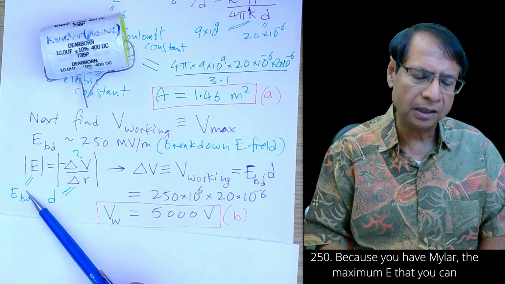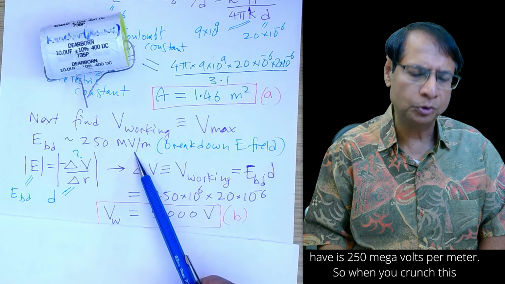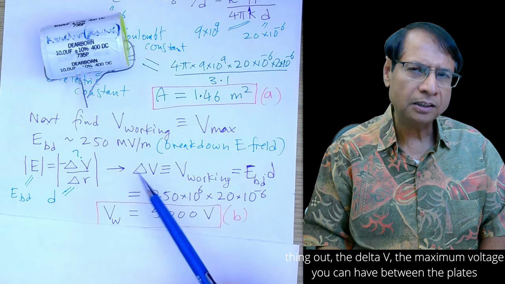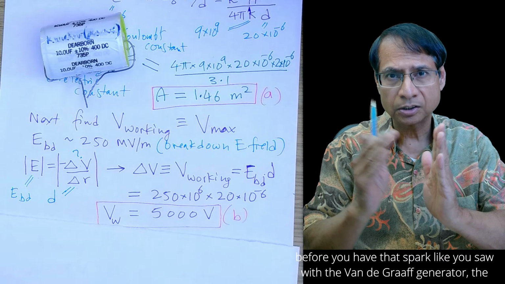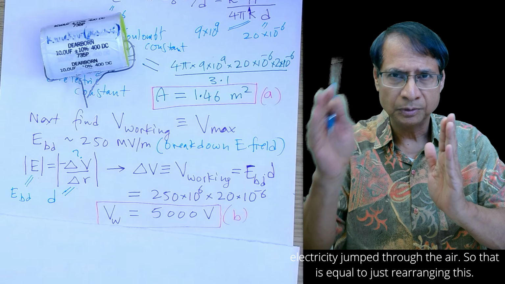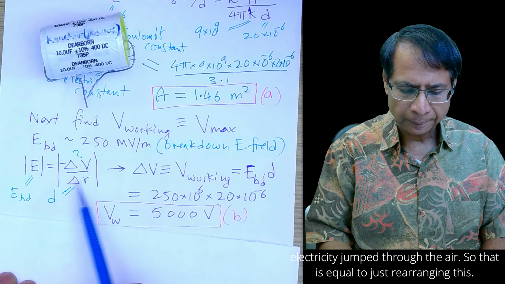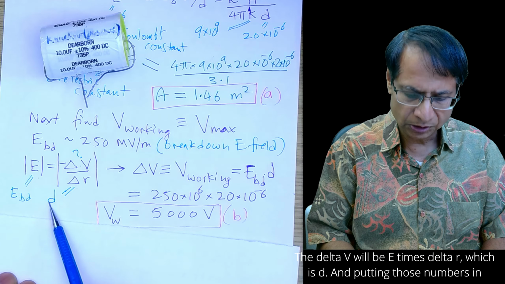Because we have Mylar, the maximum E that you can have is 250 megavolts per meter. So when you crunch this thing out, the delta V, the maximum voltage you can have between the plates before you have that spark, like you saw with the Van de Graaff generator, the electricity jumping through the air, is equal to, just rearranging this, delta V equals E times delta R, which is D.